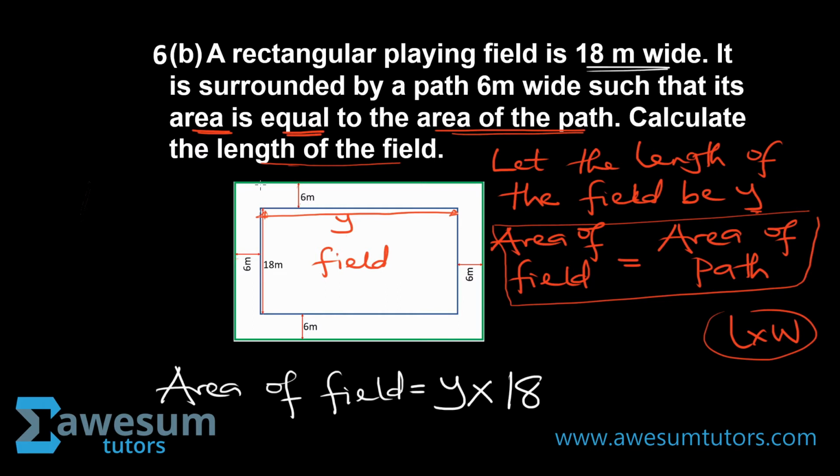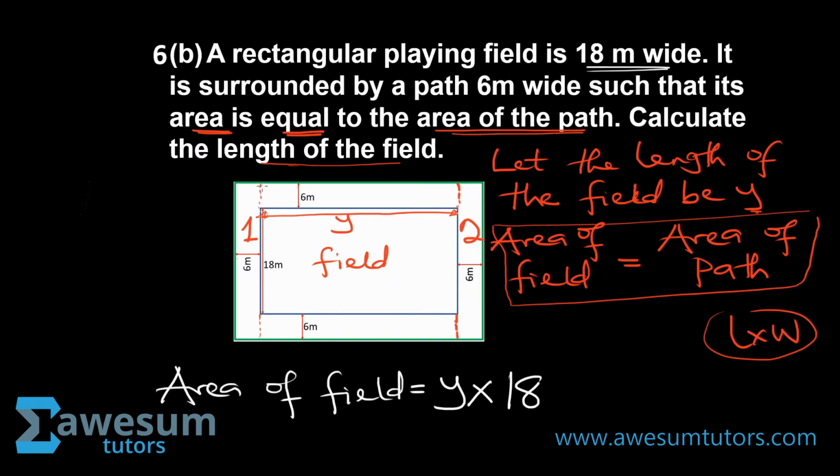So I can divide this path like this. This is one rectangle this way, this is rectangle 1. Then I can demarcate that, and this is rectangle 2.